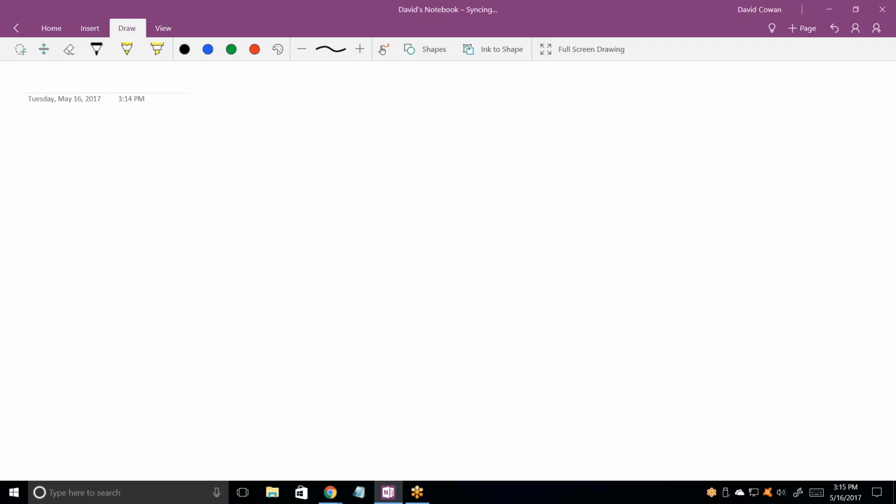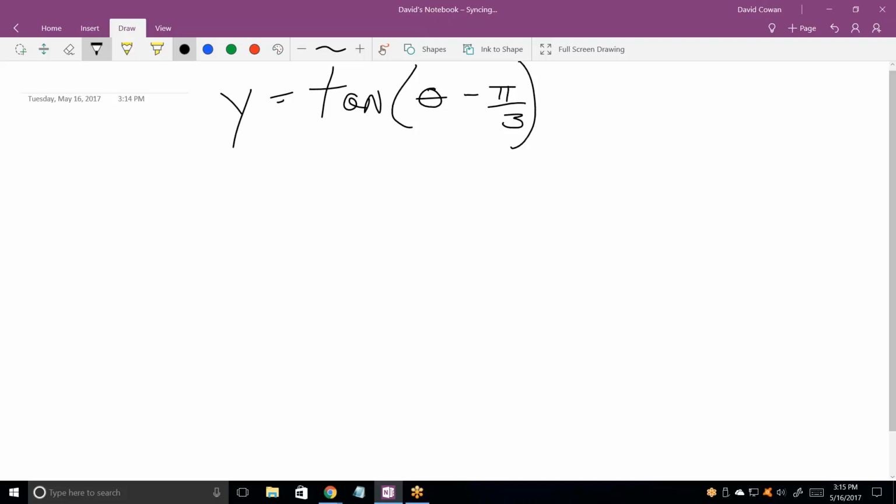So the next one is y equals tangent of theta minus pi over 3. Same domain.